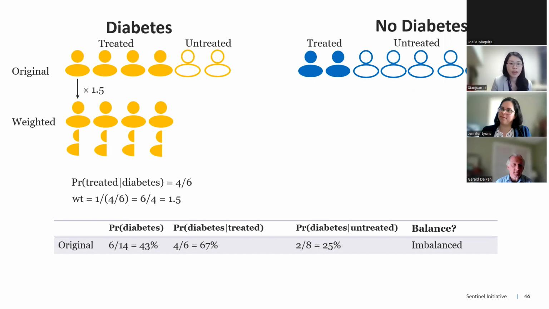And if you look at this, it's actually 1 over the probability of being treated among diabetics.